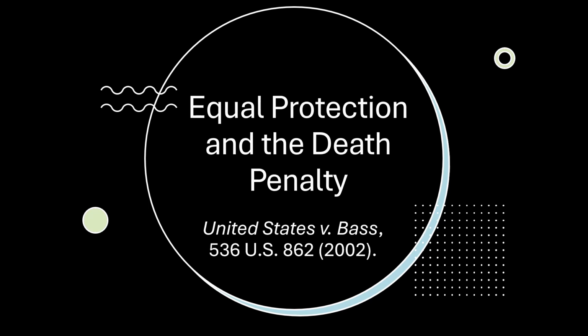Among death-eligible defendants in the Eastern District of Michigan, 14 of 17 were African American and 3 were Hispanic. The government entered into plea bargains with European Americans almost twice as often as with African Americans in death-eligible cases. DOJ officials, including Attorney General Reno and Deputy Attorney General Holder, expressed concern over racial disparities in death penalty charges.